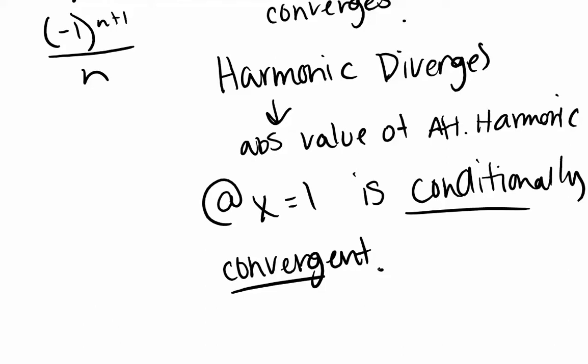So the series converges, but the absolute value of the series doesn't converge, which is the definition of conditionally convergent.